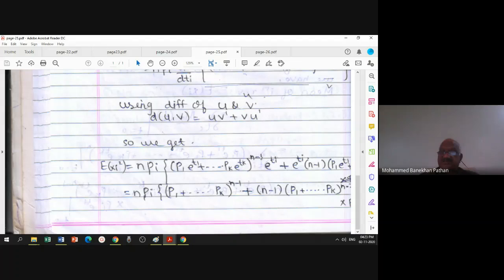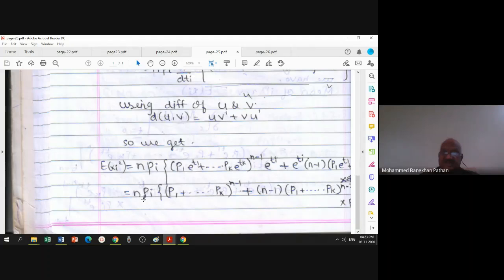So this n minus 1 becomes multiplied, this complete bracket will be as it is, power becomes n minus 2, into differentiation of this bracket for ti, so it is pi e to the power ti. That does not come in the scanned copy, but you can realize it.